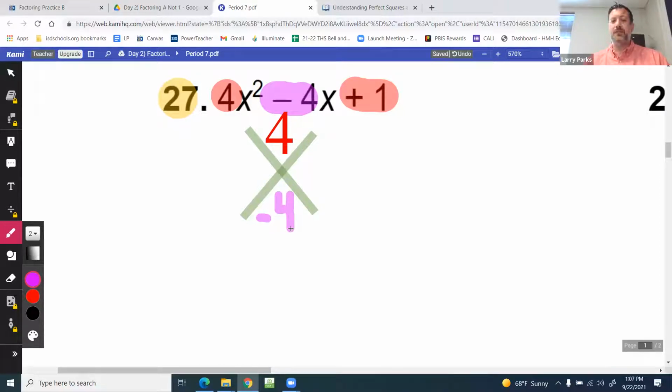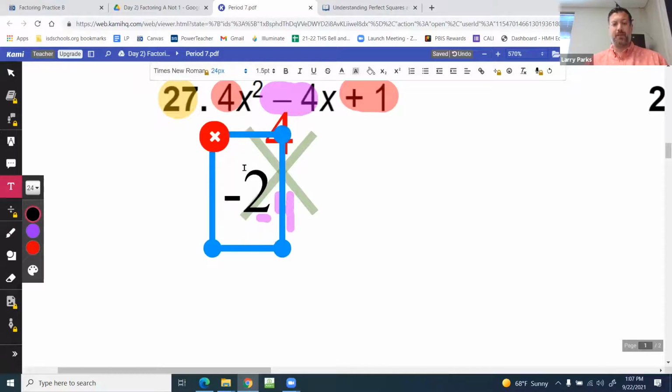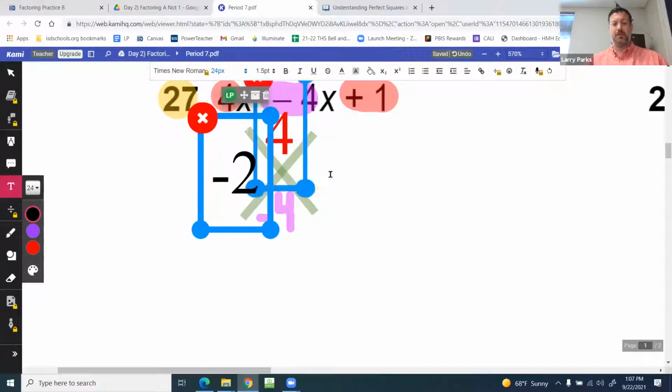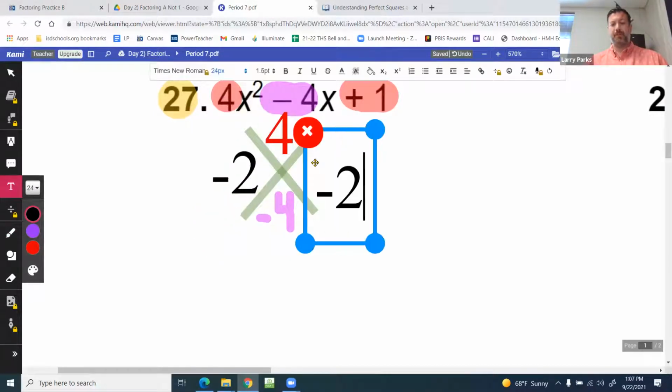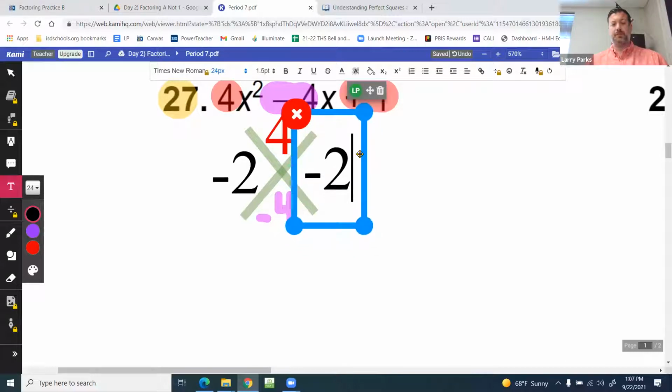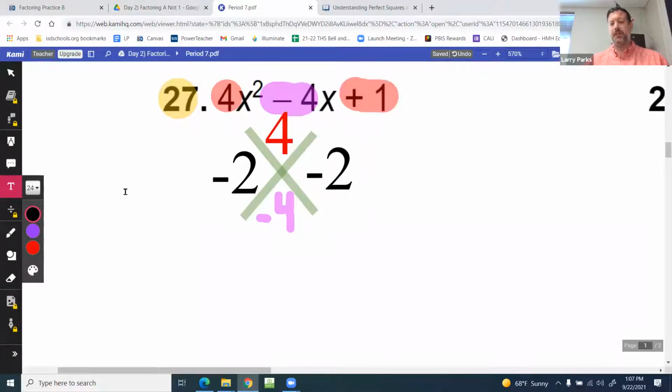Now I'm looking for two numbers that multiply to 4, but add to -4. Let me think. That'd be -2 and -2. So -2 times -2 is 4. And if you add them, you get -4.